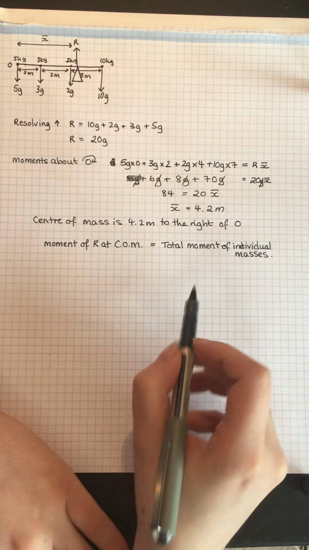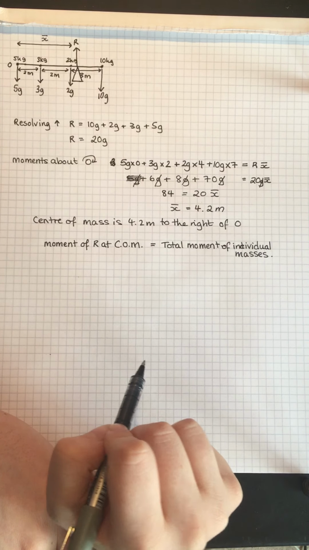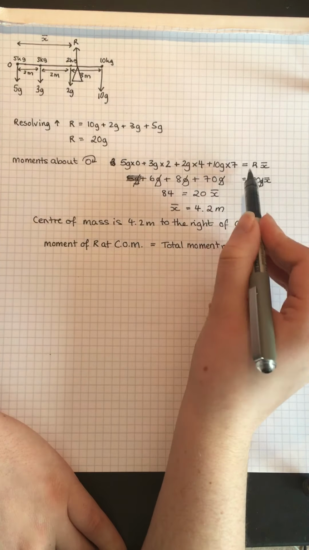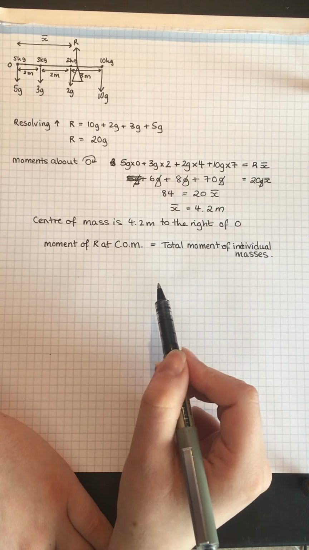Okay, or the sum of the individual masses. So the moment of R was R times x bar.